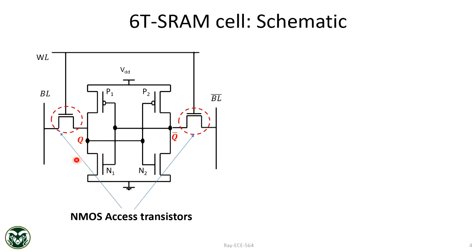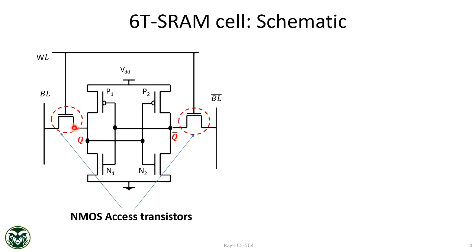Now, if Q equal to 1, which transistors will be on? Which transistors will be off? Q equal to 1 means Q is high voltage, right? Suppose these two access NMOSes are turned off. Now this is the cell which is storing data.